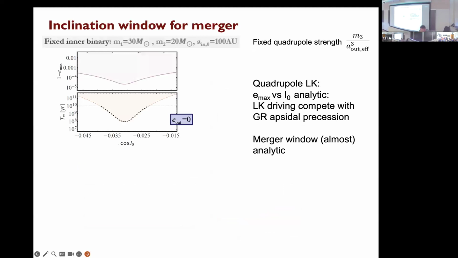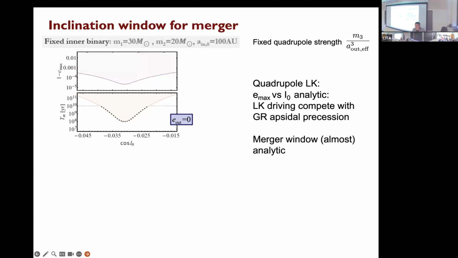Now, this effect is mostly a quadrupole order effect. Basically, you have the third body's quadrupole potential acting on the inner orbit. The strength of the effect depends on the mass of the third body divided by the semi-major axis of the third body to the cube power. At quadrupole order, this problem is very analytic.